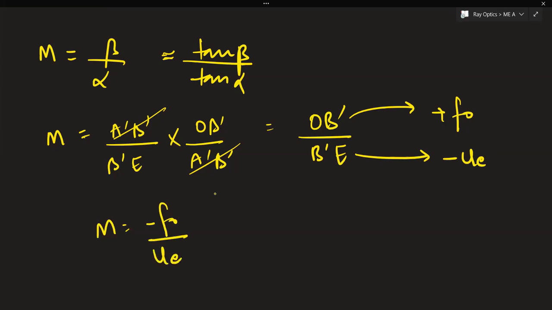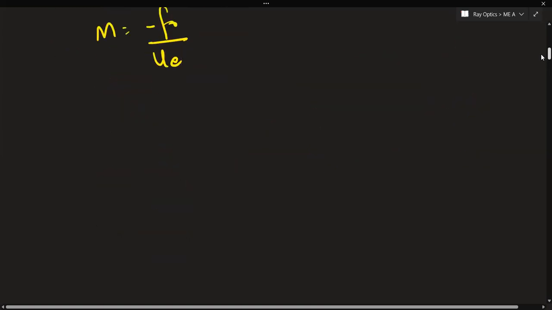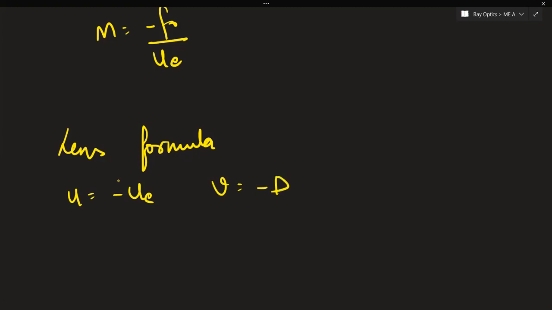But see, now we'll use the lens formula to find out the value. So the object distance U is minus UE. The image distance is minus D. We know this, no? We are actually finding out the focal length of the eyepiece.